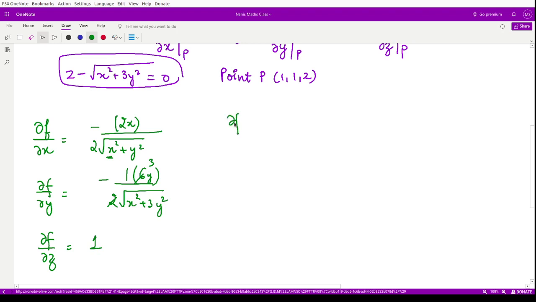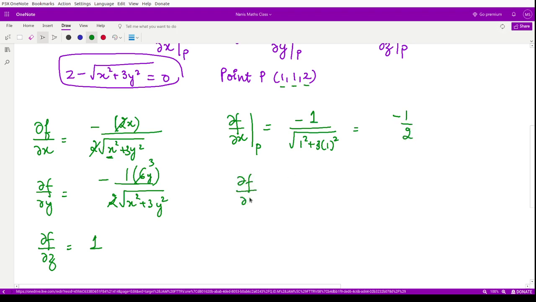So next thing, we are to compute these derivatives at the given point P. So you have to substitute the values of x, y and z as 1, 1 and 2 respectively. So when you substitute the value of x as 1 and y as again 1, here it would be 3 into 1 square, right? So the value of this partial derivative of the given surface would be minus 1 by 2, right?